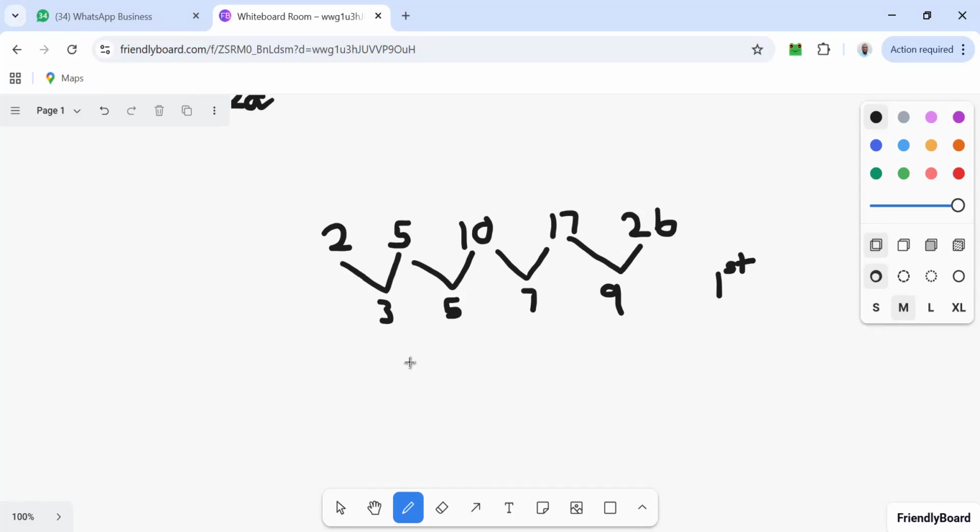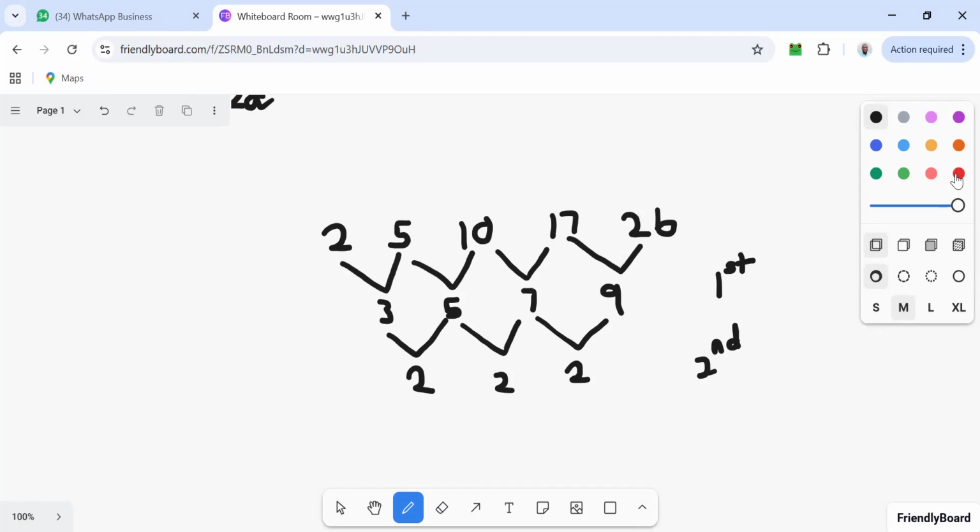Then our second difference row is going to be having 2, as you can see there. So this will be our second difference row.